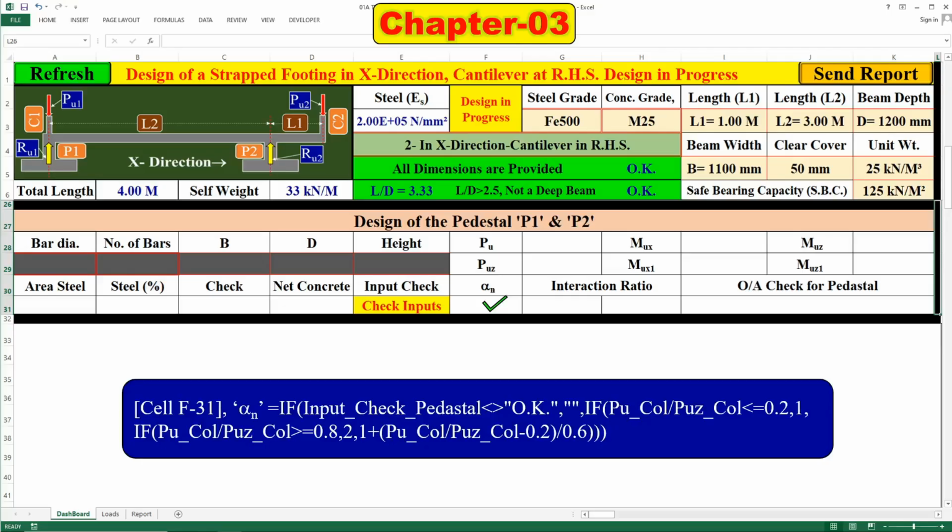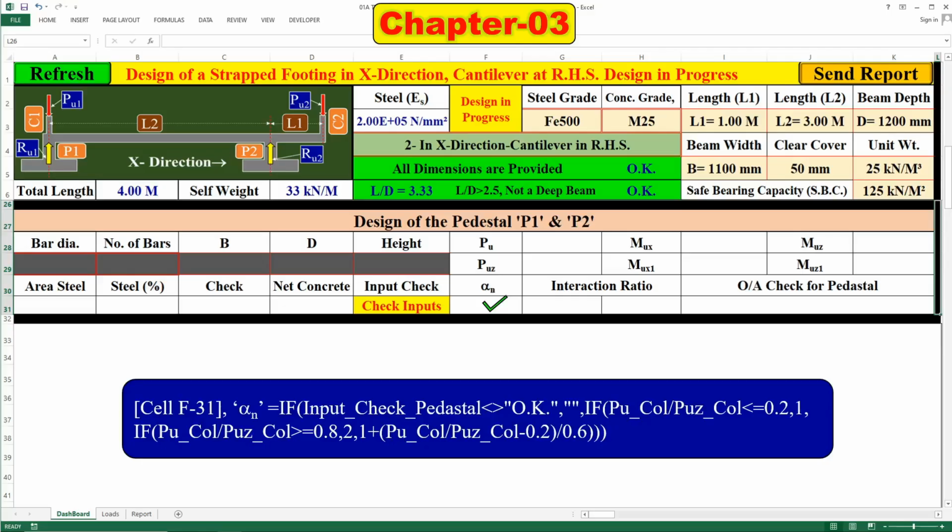If PU_COL by PUZ_COL is less than or equal to 0.2, the value of alpha_n will be 1. If it finds PU_COL by PUZ_COL greater than or equal to 0.8, the value of alpha_n will be 2.